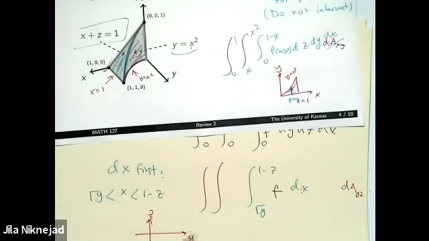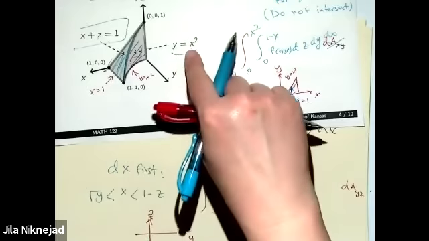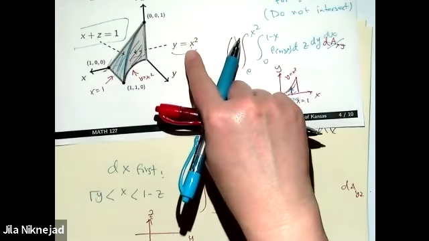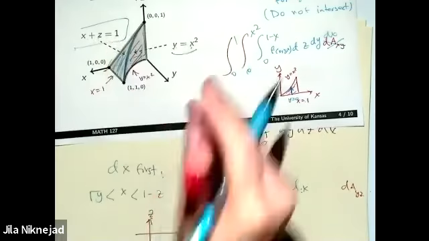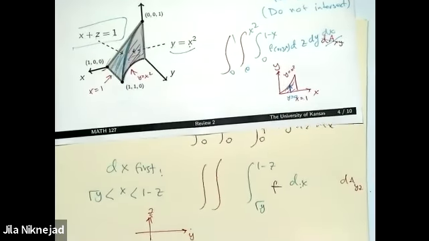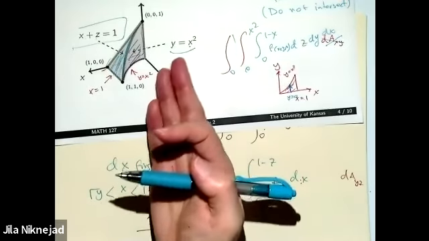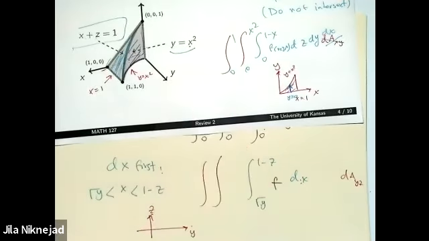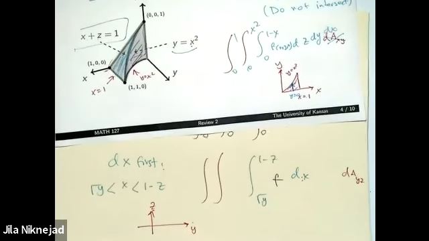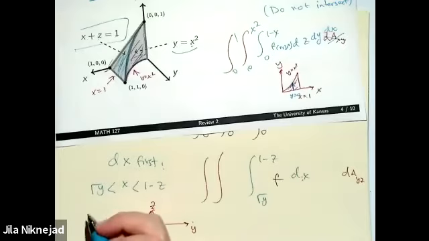That projection is basically the intersection of y equal to x squared and the other one, the plane x plus z equal to 1. So what does the intersection of those two give me? x plus z equal to 1, y equal to x squared, and I want to eliminate x.